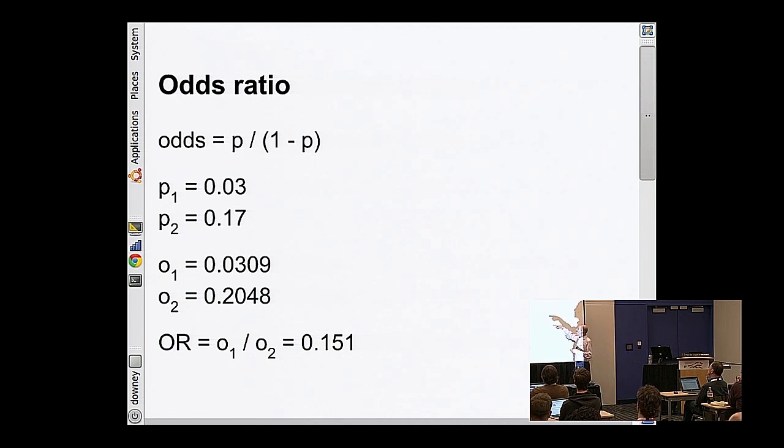So if my probabilities are 3% and 17%, the corresponding odds are roughly 3 and roughly 20 percent. Notice that when the probabilities are small, the odds and the probabilities are similar to each other. When you're in the middle of the range, that's not true anymore.